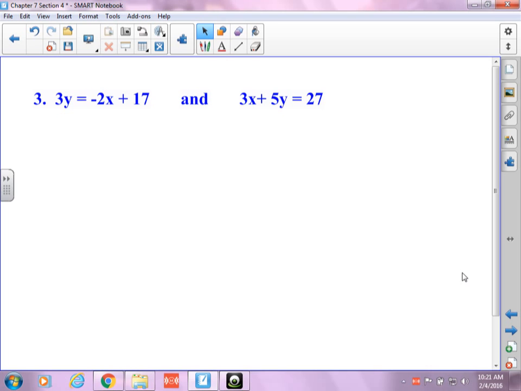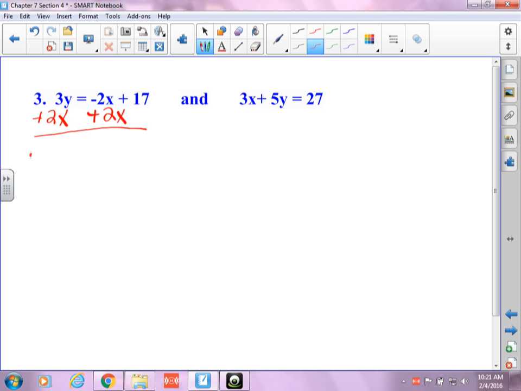Okay. What's the first thing that I need to do? Yes. What did I say? Yes. So how do I do that? You add 2x. Very good. I'm going to add 2x to each side because they're not in standard form. So 2x plus 3y equals 17.